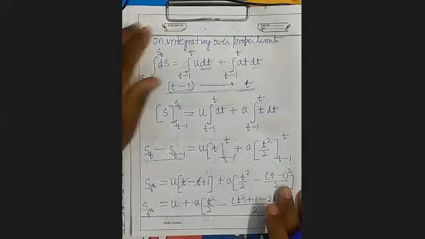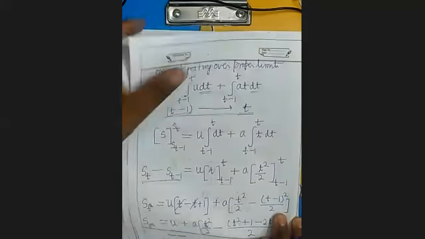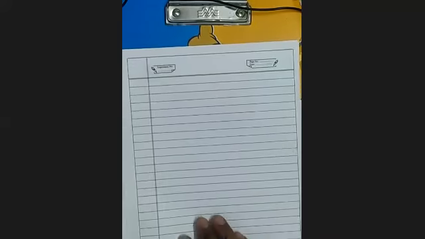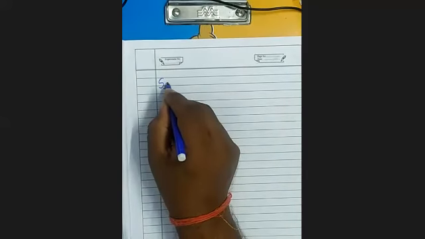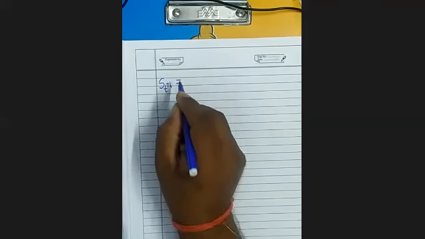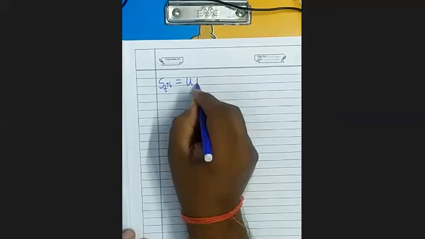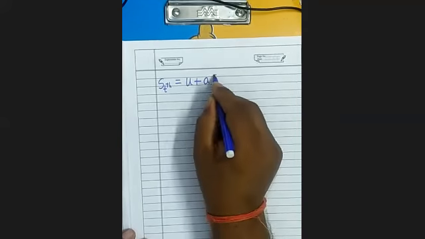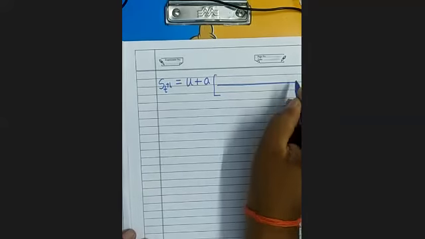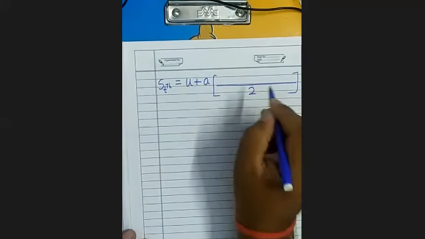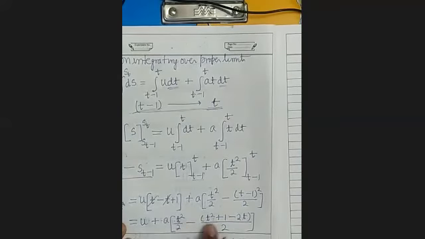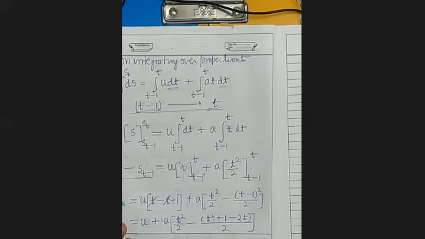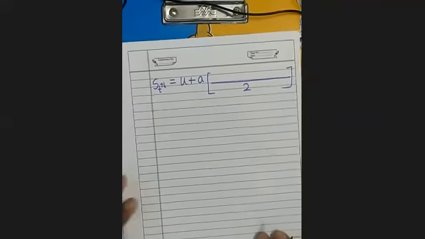On the next page, I am simplifying. On simplification, this is u plus a, and 2 is the LCM. When you subtract, the sign will be changed. It's clear?